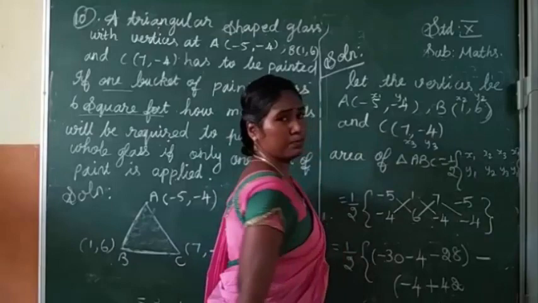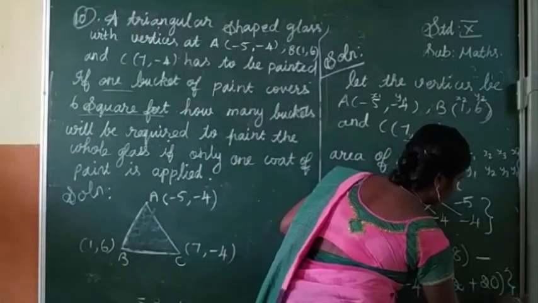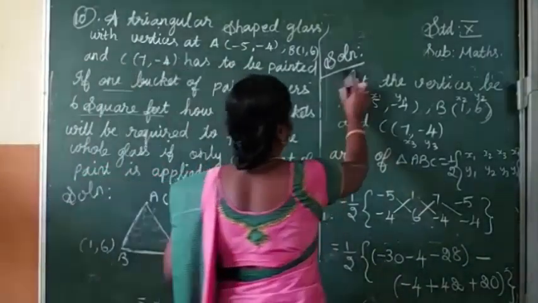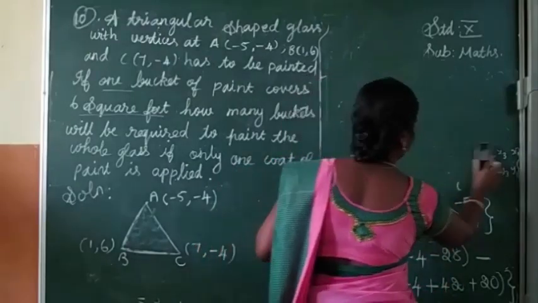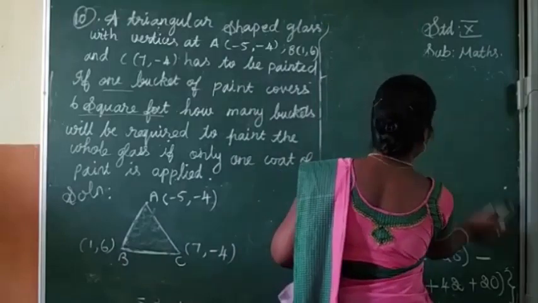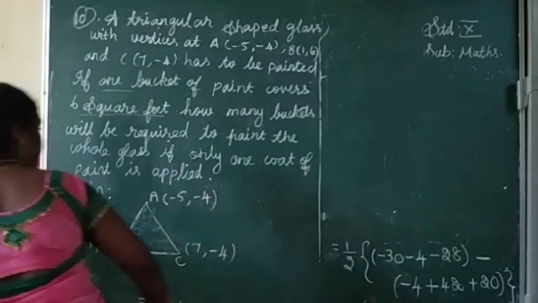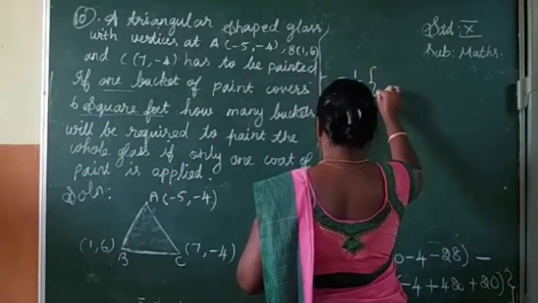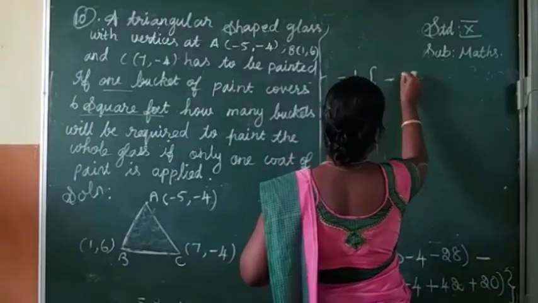Minus into minus is plus, 5 4s are 20. That is equal to half into, if you add all the numbers, you will get the answer 62.